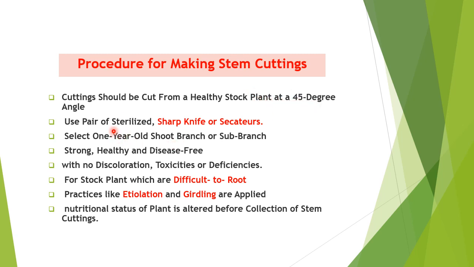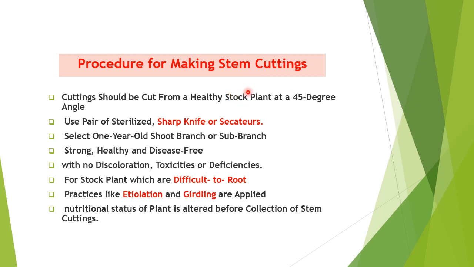You have to use a pair of sterilized sharp knife or secateurs, and select a 1-year-old shoot, branch or sub-branch, strong, healthy and disease free, with no discoloration, toxicities or deficiencies. So you have to be very choosy when you select the propagating material.